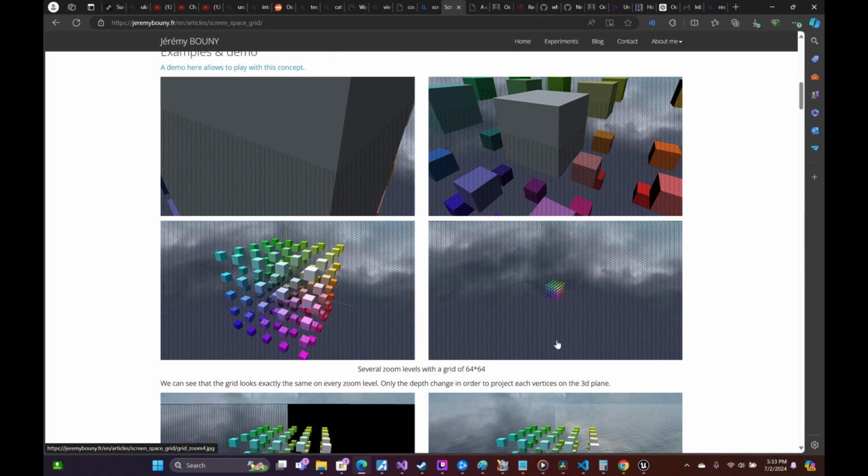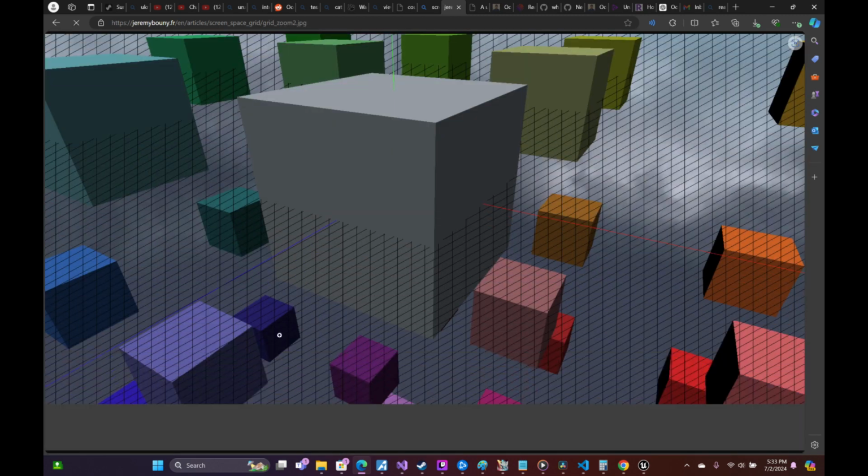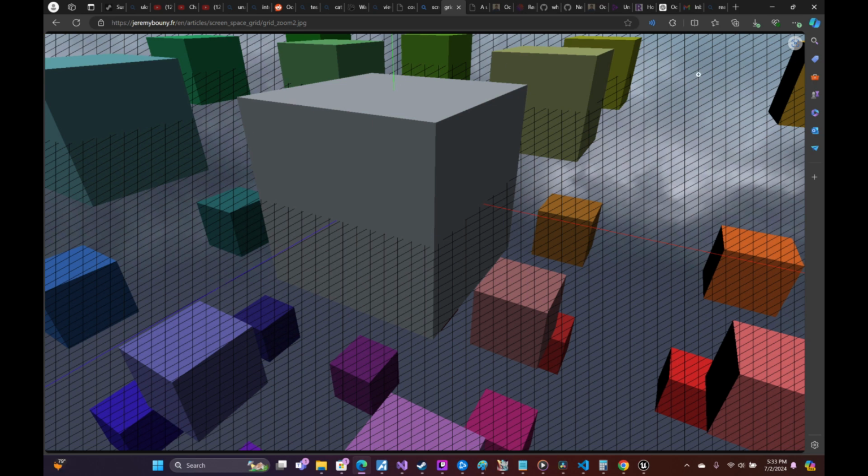You can see the result of that. It almost hurts my brain to see this, because it looks like you're facing the mesh straight on, but this mesh is actually aligned with the ground plane here.